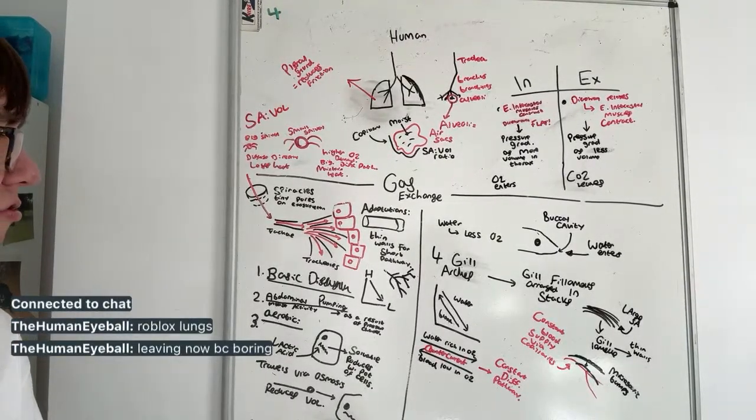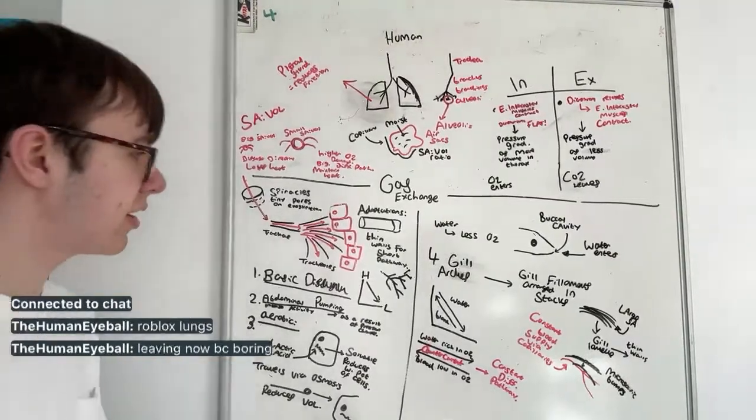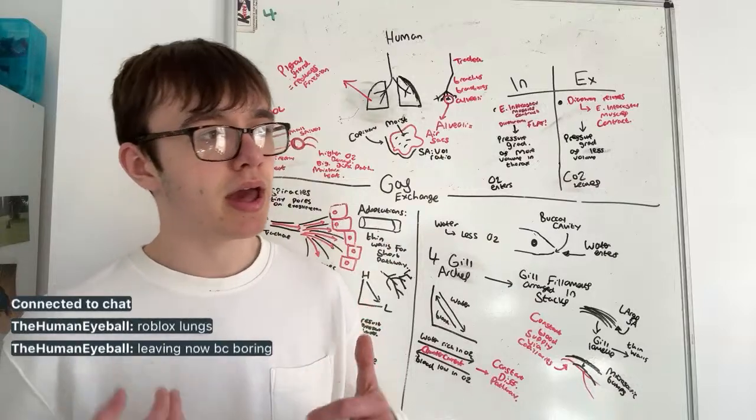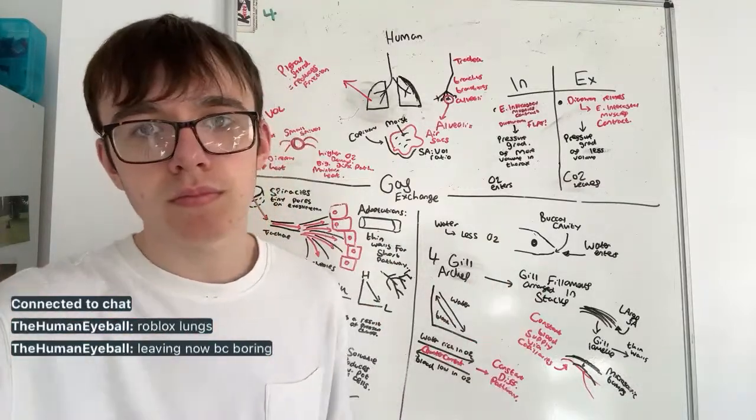Literally just spiracles, tracheoles, gills, filaments, lamellae, diffusion, abdominal pumping, anaerobic, countercurrent flow, buccal cavity, inspiration, expiration, trachea, bronchus, bronchioles, alveoli, surface area to volume ratio. I just summarised the whole topic, and then diffusion. Talk about a diffusion pathway, a diffusion gradient. You can.